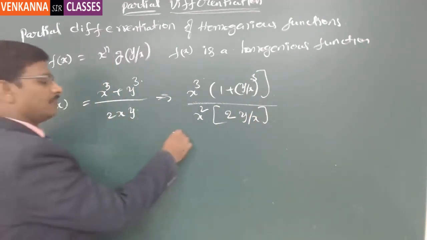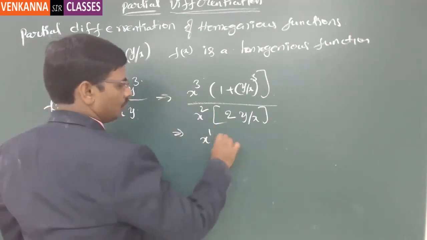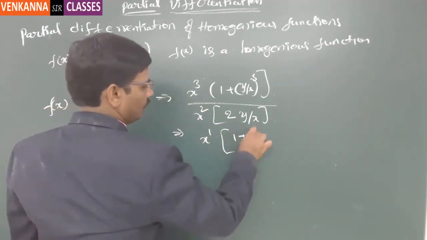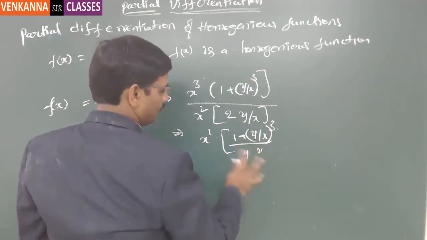Then this can be further written as x power 1 into 1 plus y by x whole cube divided by 2 times y by x.